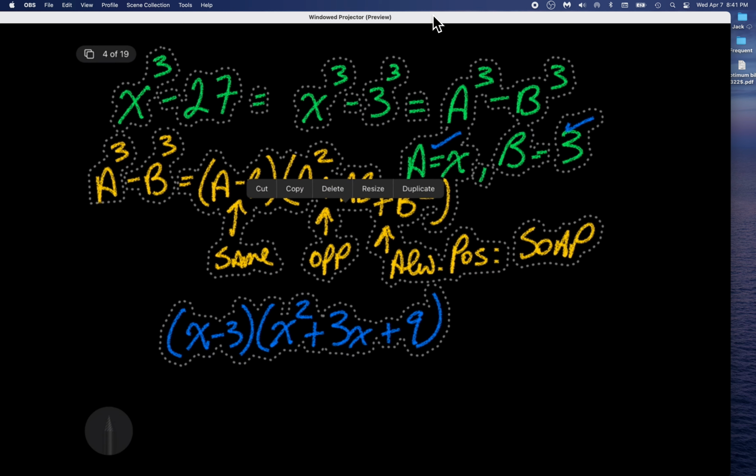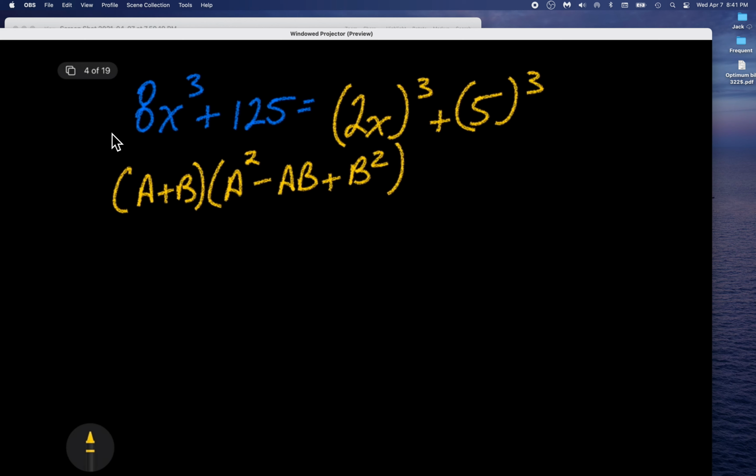We're going to use our formula for a cubed plus b cubed. Same, opposite, always positive. Now we're going to plug in. a squared is going to be 4x squared minus 10x plus 25. And that's your final answer.